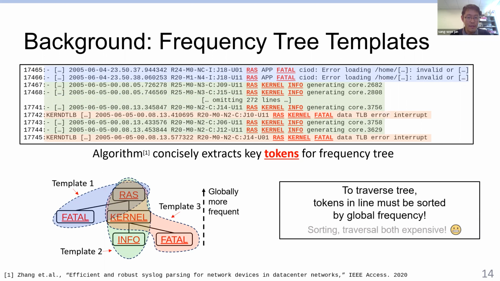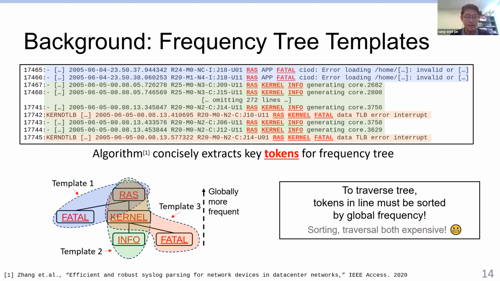To determine which line belongs to which template, each token in each line must first be sorted by the global frequency of all of the tokens in the log, and then we traverse the tree in that order.